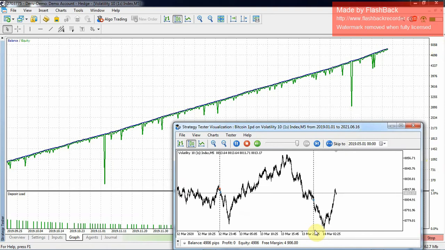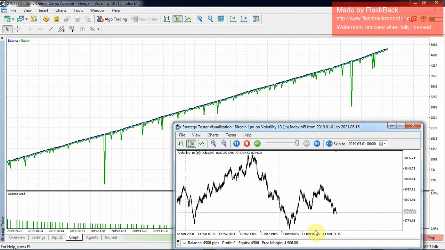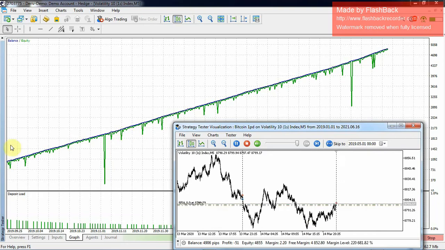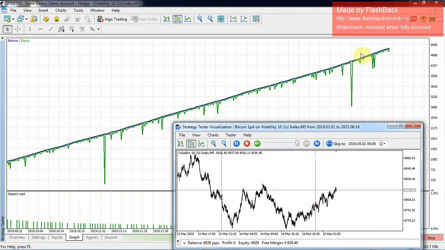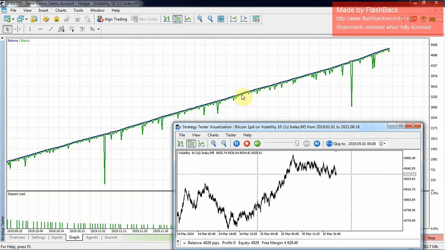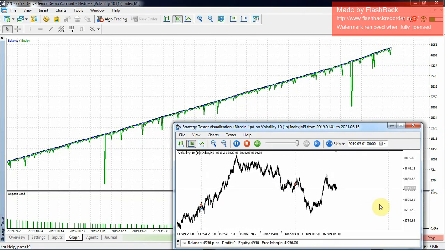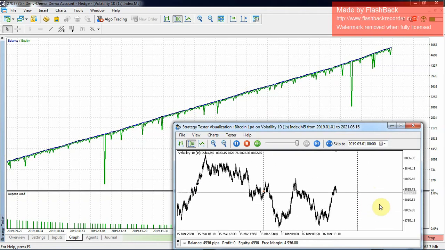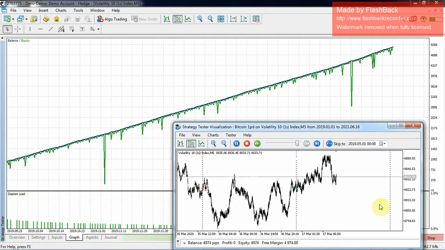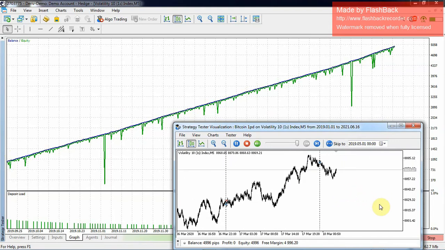From September 2019 to March 2020, we are up 5K from 1K. Smooth curve, as you can see. Smooth balance line there. One trade per day. We are analyzing the first candle of the day.